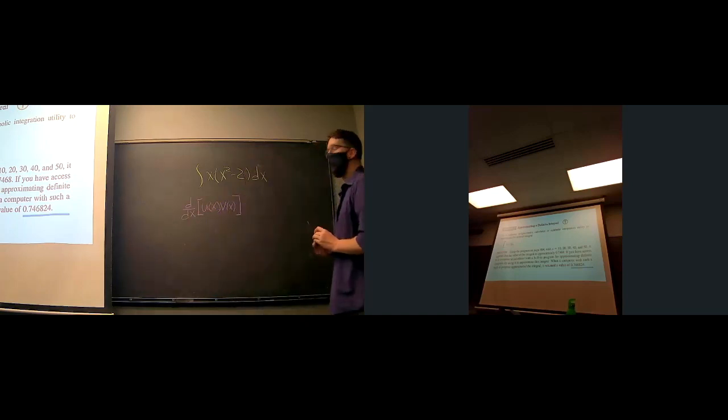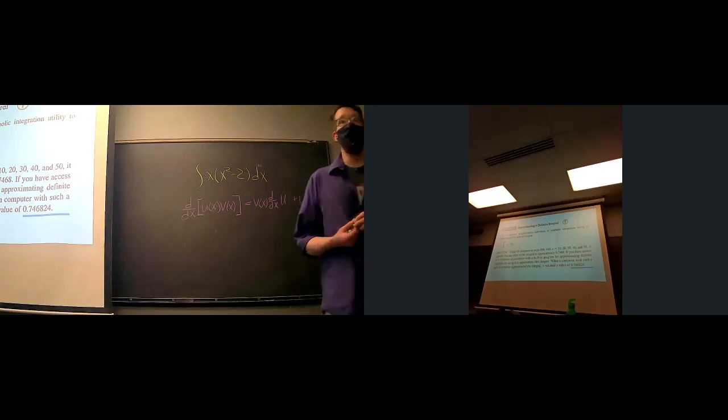Product rule says the derivative of two functions multiplied together, u of x and v of x, comes out to be v of x times the derivative of u of x plus u of x times the derivative of v, right? Now let's stop here for just a second.